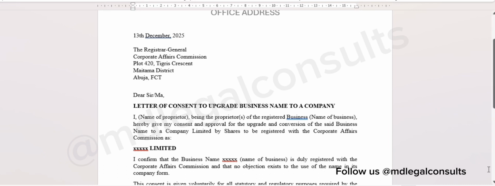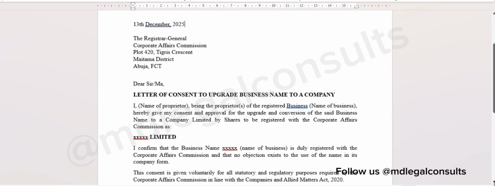But I just want to run it quickly through, just for you to be able to understand the process and the format. The first, in the body of the letter, the introductory part, is the name of the proprietor, your own name.